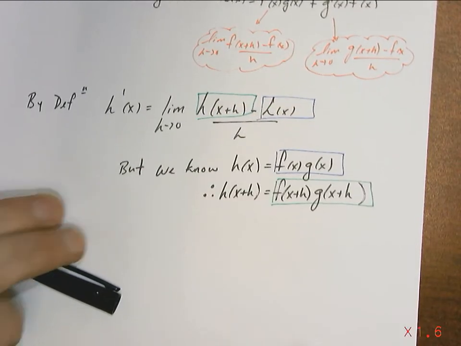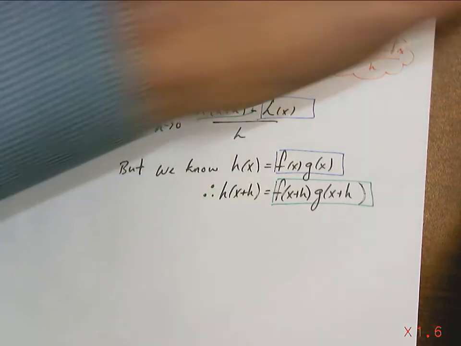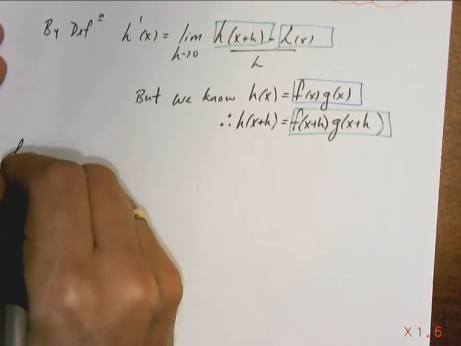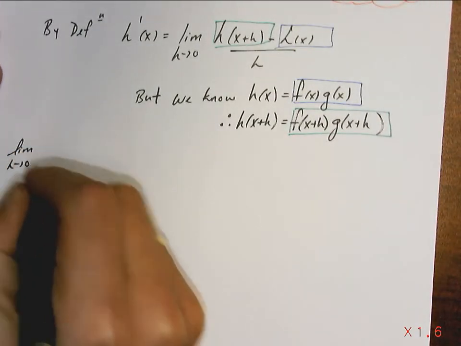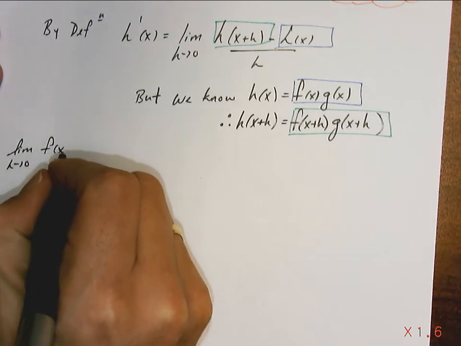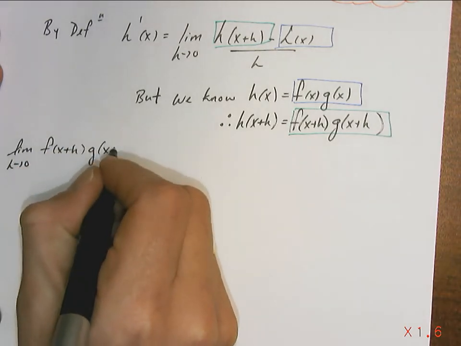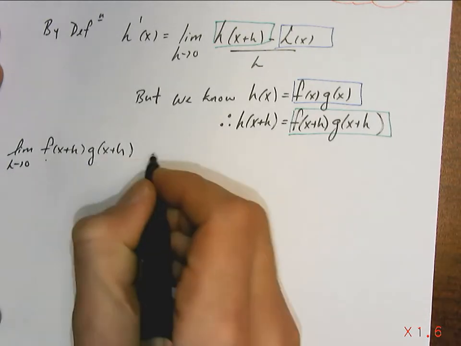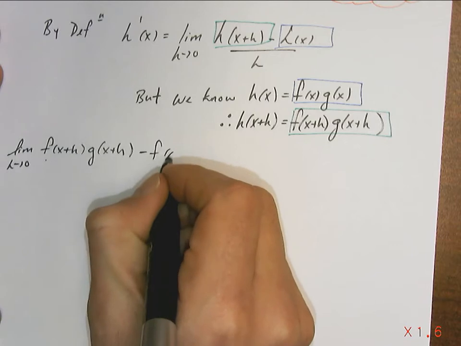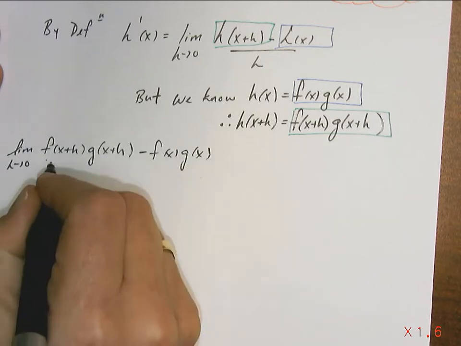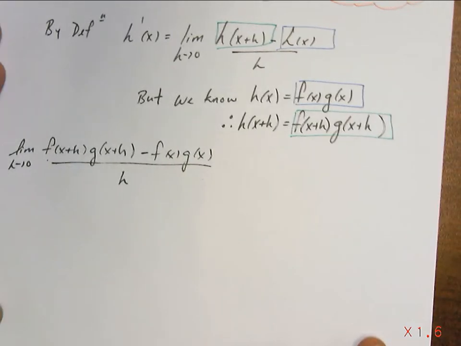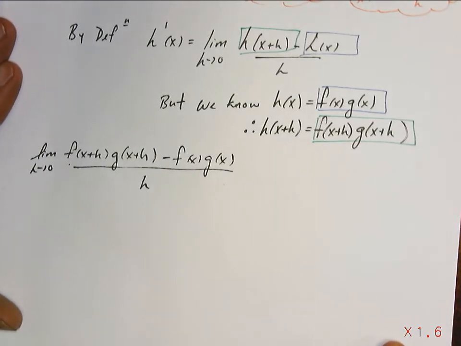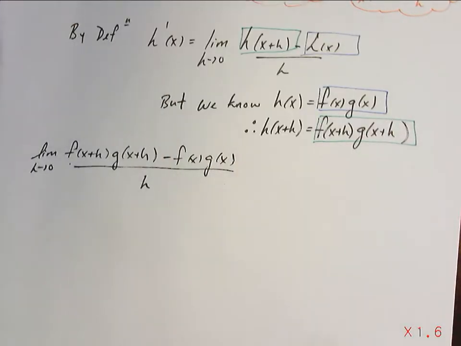So we're going to do a straight substitution, and that takes us to the limit, as h approaches 0, of f of x plus h, g of x plus h, subtract f of x, g of x, all over h. That's wonderful. That's what we have. And no thinking involved. It's just substitution and a definition. That's all that's happened here.